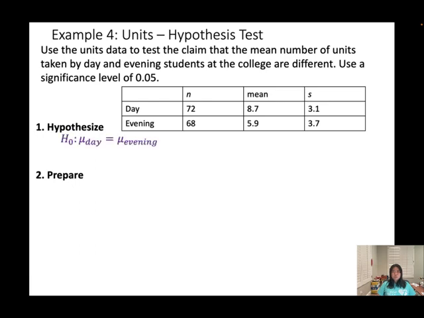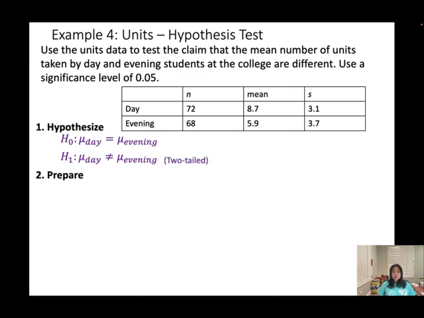Okay, it has to be equal, right, for the null hypothesis. And then, what is the alternate hypothesis? We're talking about the day and evening students at the college are different. Okay, are different, so that will be not equal to, and this is gonna be two-tailed test.